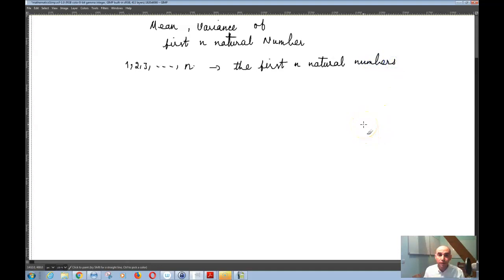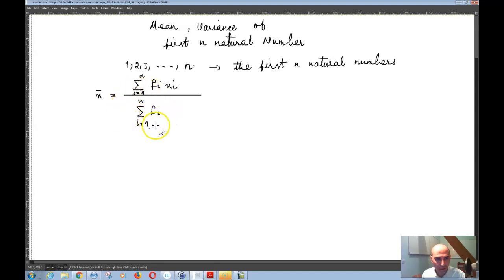So what that means is that if you want to find the mean of these numbers, you know that the mean of n observations, we call it x bar, is equal to sigma f of i x of i, meaning the frequency of each observation times each observation as i goes from 1 to n, divided by sigma f of i as i goes from 1 to n.